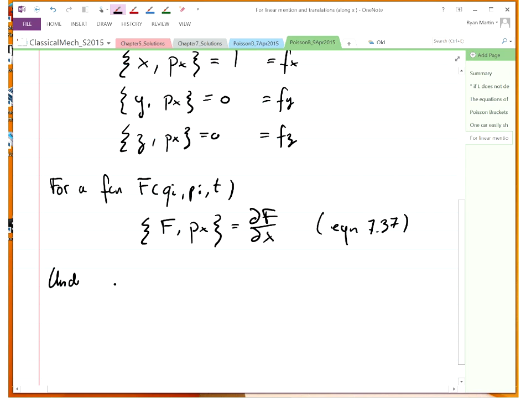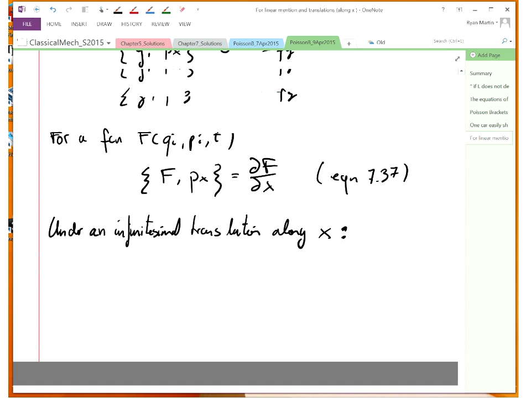So under an infinitesimal translation, if I move the x-axis a little bit, then f will be a little bit different, and I'll call it f prime.